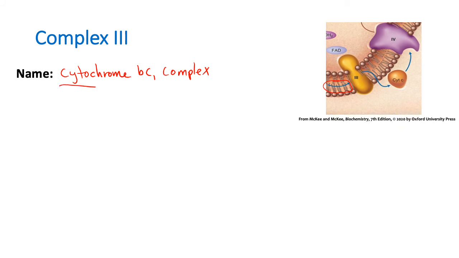If you see cytochrome, that word, it means that it contains a heme, or multiple hemes. Remember, a heme is an iron-containing porphyrin ring-like structure. You saw the heme and the hemoglobin, right, as we studied that.